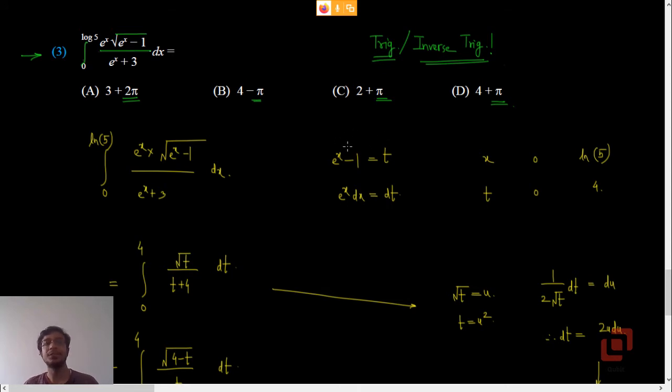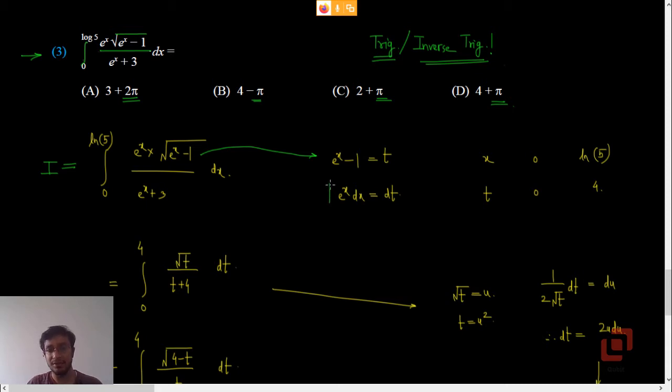Okay, fine. So let us start by writing down the given integral, 0 to log of 5, and this is the function. In the first step, I have substituted the term inside the root, and that term is e to the power x minus 1. We have substituted it as t.